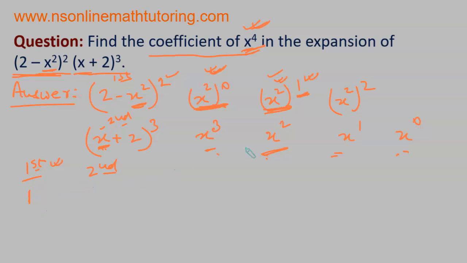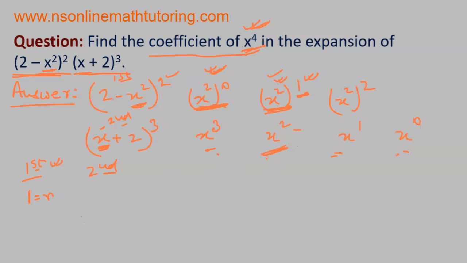And the second expansion's second term, this is a little tricky because over here you are having the x as the first term. Okay, because this is the second term, this is equal to r.